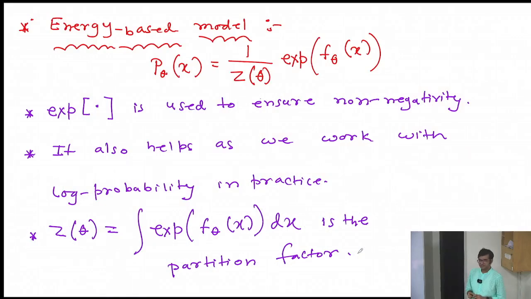Now, why do we call it energy based model? Any idea? Because of this form that you are seeing. If you read statistical mechanics or thermodynamics, this kind of distribution is very common there. It is known as the Boltzmann distribution that you encounter in thermodynamics and statistical mechanics in general. There the inside term is the negative of energy.